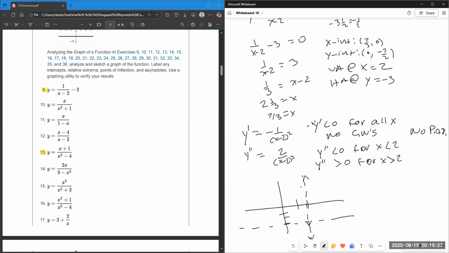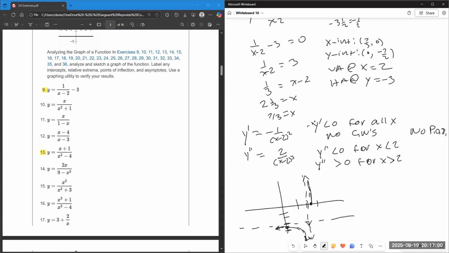And then we have the point (2 1/3, 0), so right there. And then we have y is -3.5, so right there for our y-intercept, and so this is going to be down here.